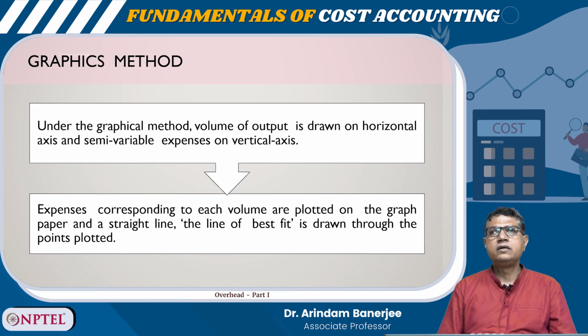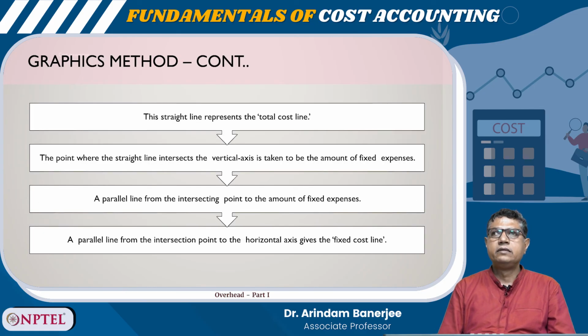Graphic method. Under the graphical method, volume of output is drawn on the horizontal axis and semi-variable expenses on the vertical axis. Expenses corresponding to each volume are plotted on the graph paper, and a straight line, the line of best fit, is drawn through the points plotted. This straight line represents the total cost line.